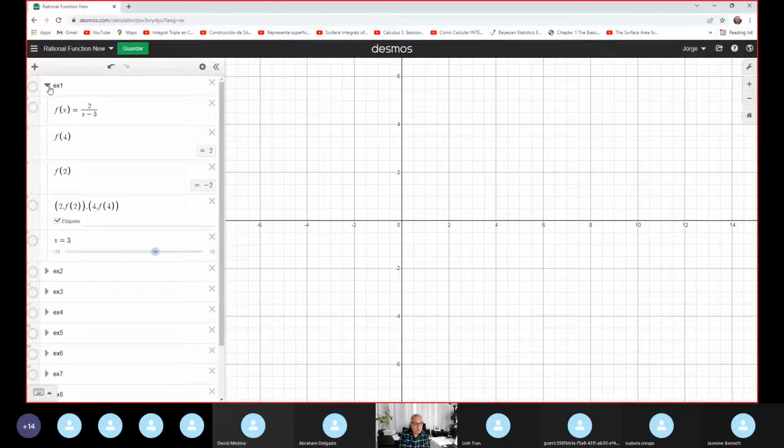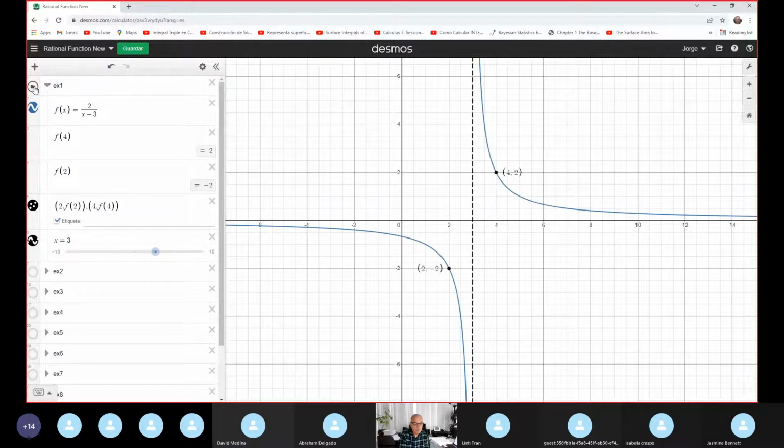Okay, look at my first example. My first example was the function 2 over x minus 3. I determined que at the value x equal 3 is a vertical asymptote. Look at that, I flash in this. And 2, 4 and 2, evaluate the function. This is the beauty of Desmos.